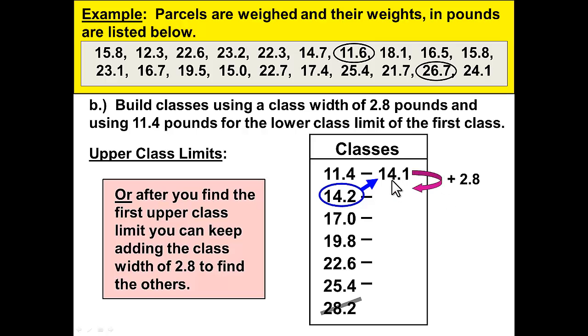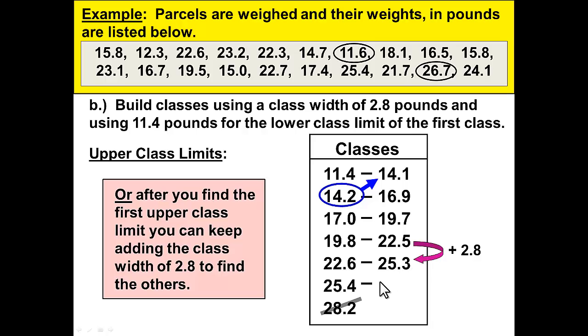14.1 plus 2.8 to get the 16.9. 2.8 added to 16.9 gives me 19.7. 2.8 added to 19.7 gives me 22.5. Then add 2.8 to 22.5 and you get 25.3.